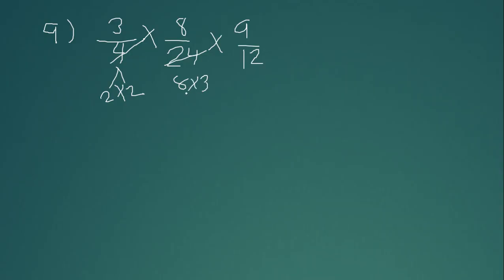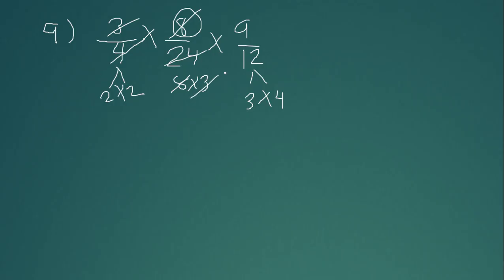So I use 8 times 3 kasi merong 8 sa taas. Pwede ko siya makancel. And this one is 3 times 4. So cancel ko na itong 8 na to. Cancel ko na rin itong isang 3.